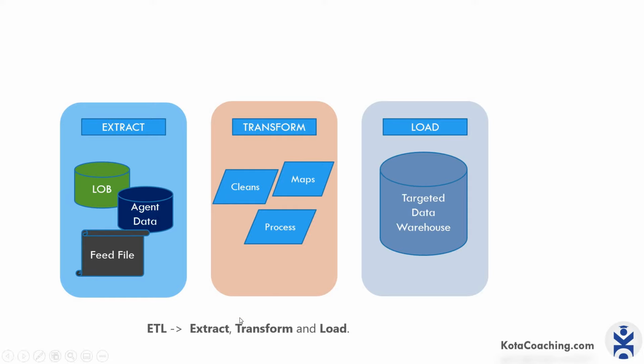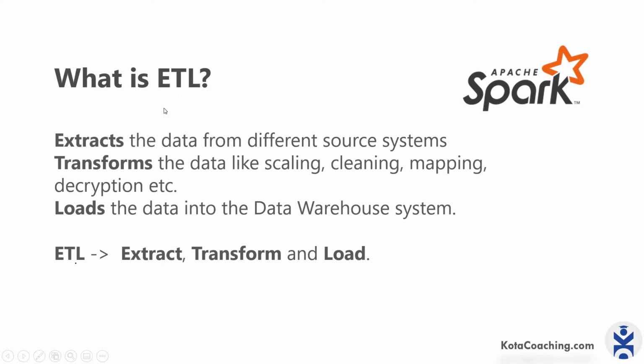In simple words, a tool that has the capability to do all these activities is called an ETL tool. By definition, it extracts the data from different source systems, transforms the data, like scaling, cleaning, mapping, decryption, etc., and finally loads the data into the data warehouse system.